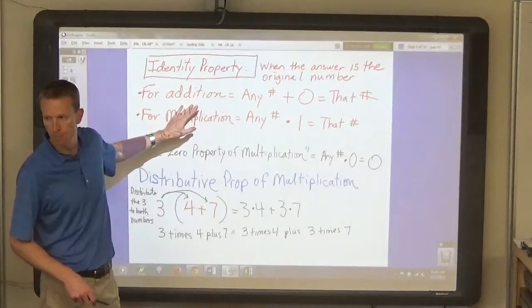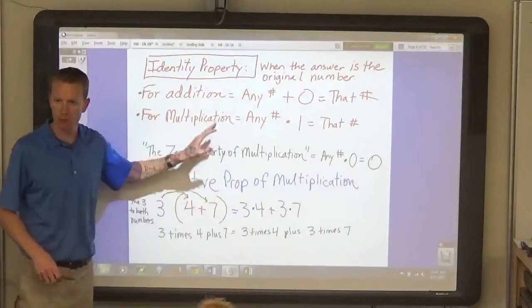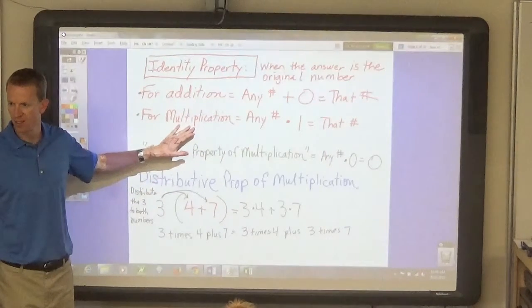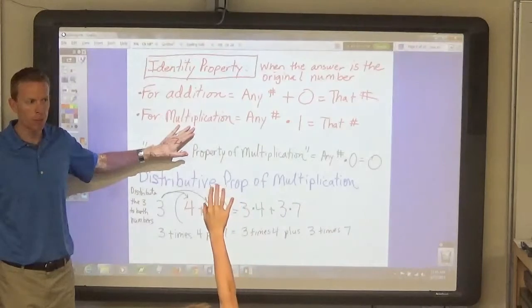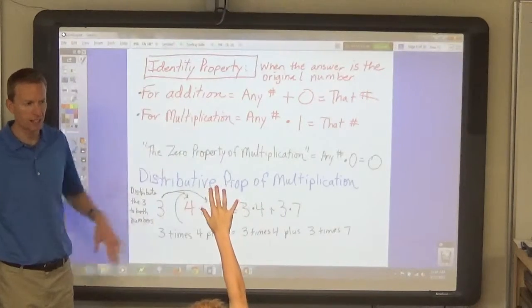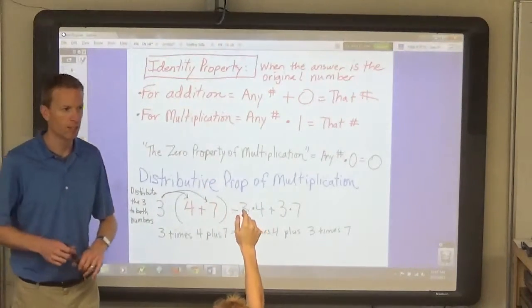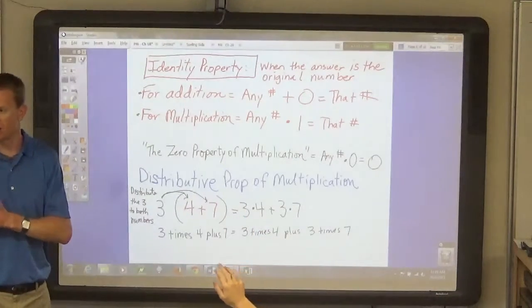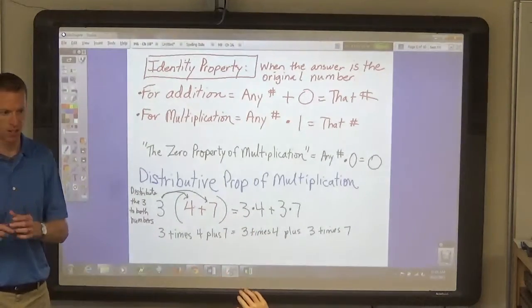Okay? What is that equivalent to for multiplication? What's the same property in multiplication? What's the identity property in multiplication? In other words, what can you multiply by to get the same number as the number you're starting with?